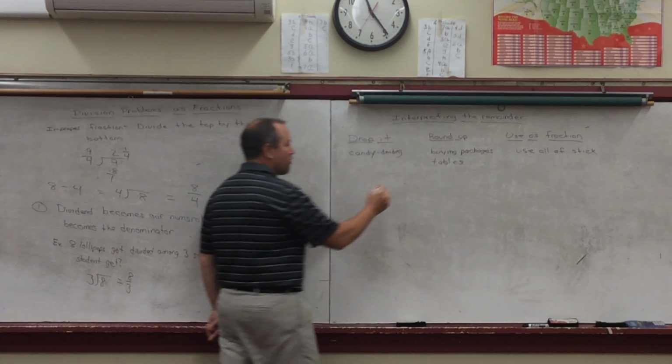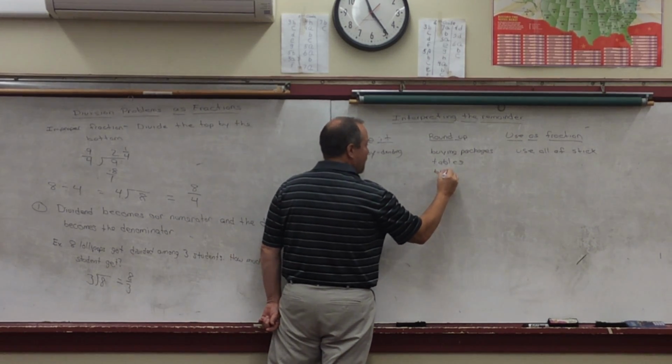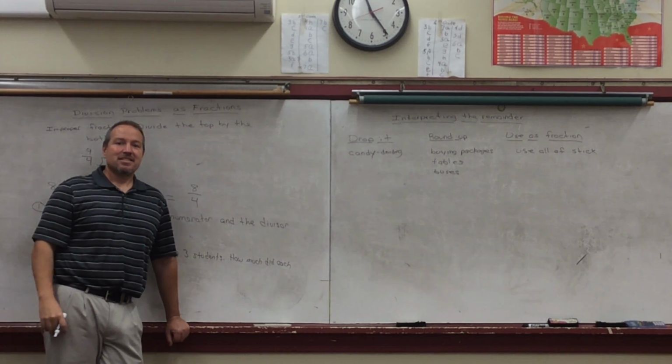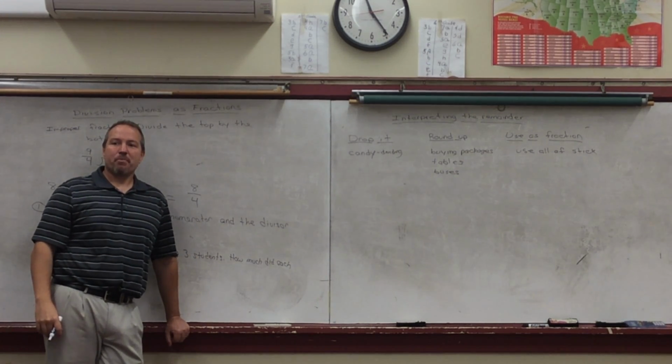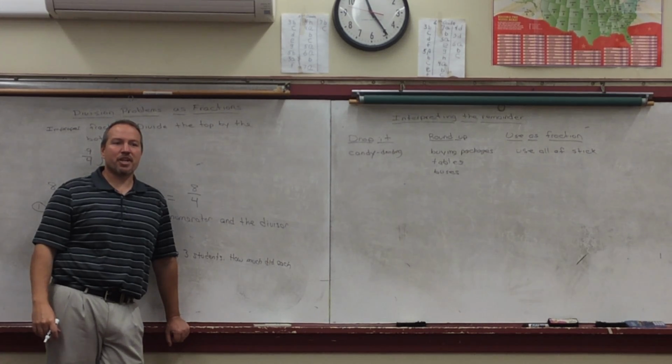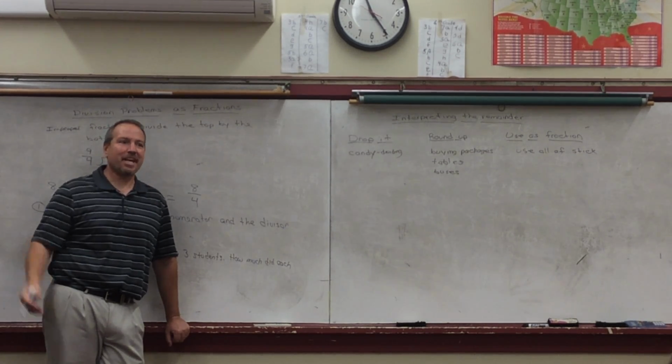Maybe, as far as rounding up, if we're going on a field trip and we have 60 people, but a bus only holds 48, does that mean that 12 don't get to go on the bus? No, we need to take another bus.